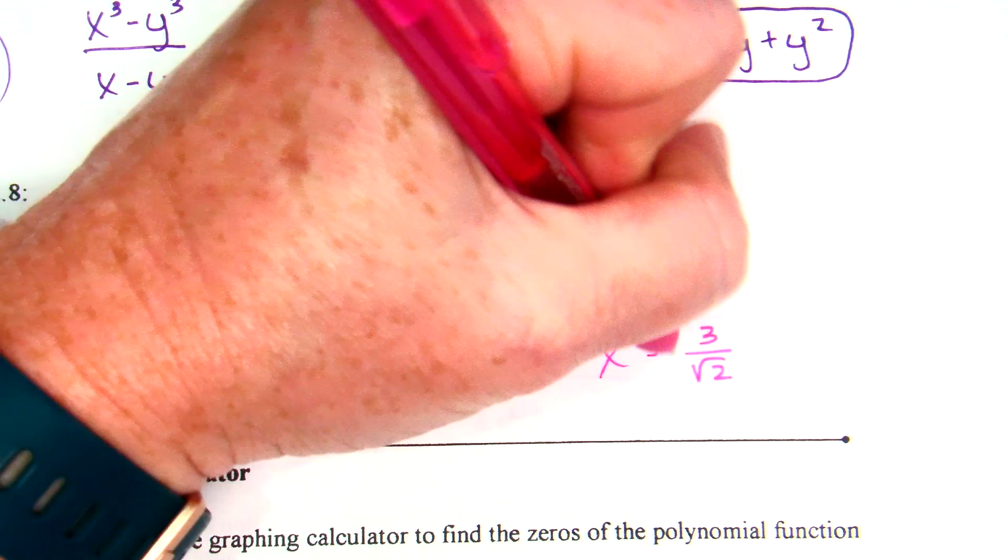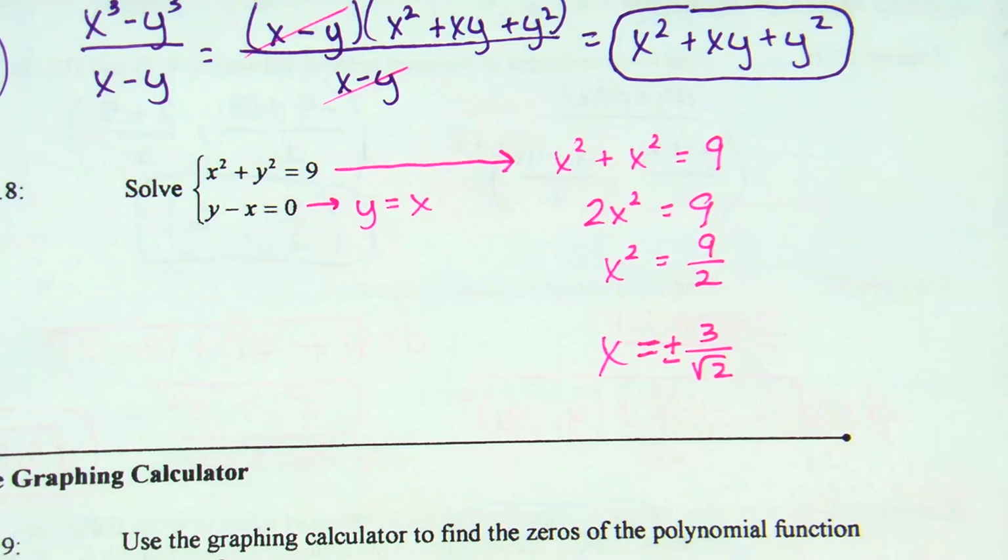We took the square root in an equation setting, so there's officially 2 possible roots. And then if we rationalize as we should, multiplying by square root of 2, officially our x value is plus or minus 3 square root of 2 over 2.